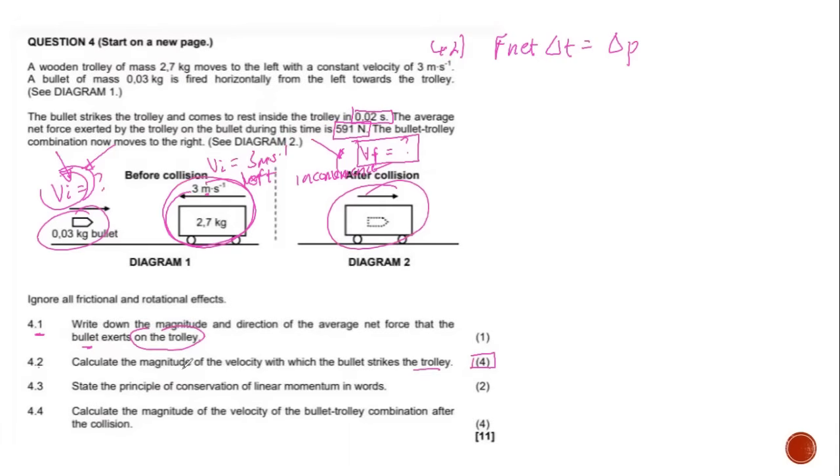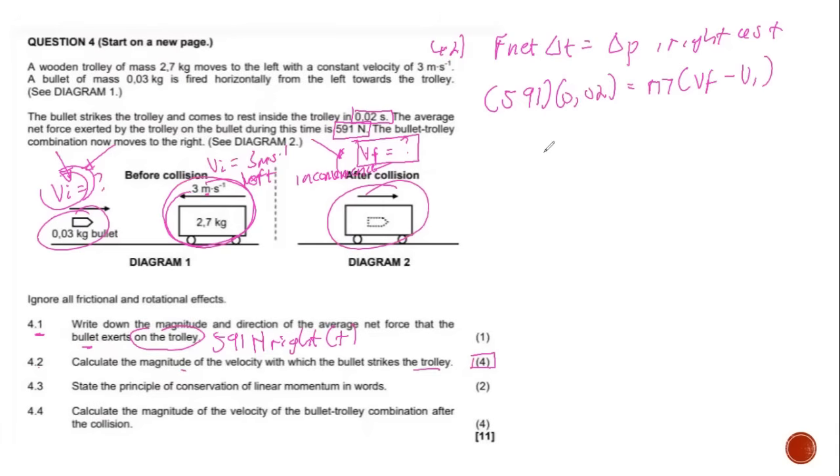So now the magnitude and direction that we found here was 591 newtons to the right, which means it needs to be positive if I'm taking right as positive, right? And then F net will just be positive 591. Delta T here is 0.02. And then I have M VF minus VI.